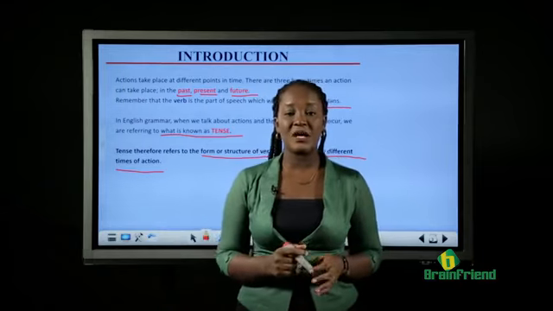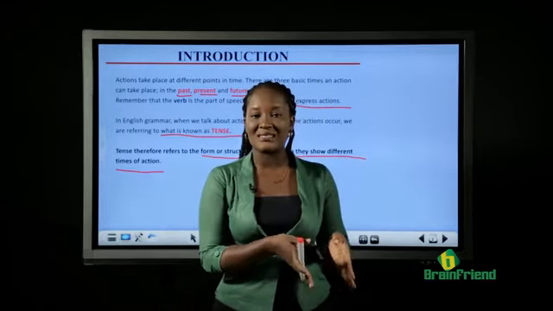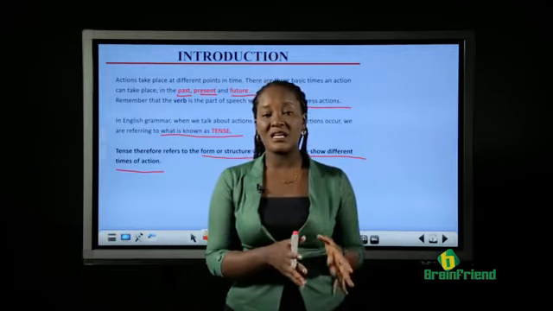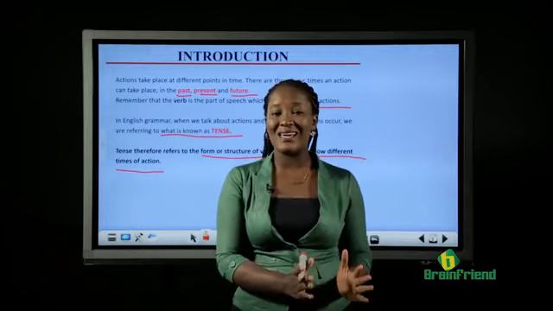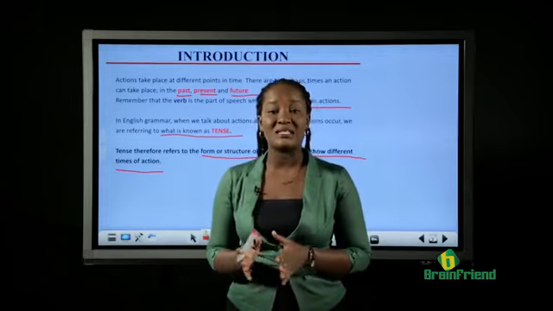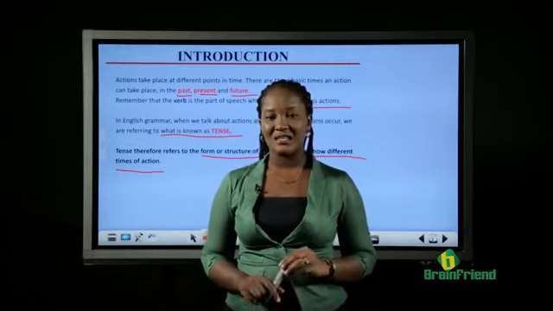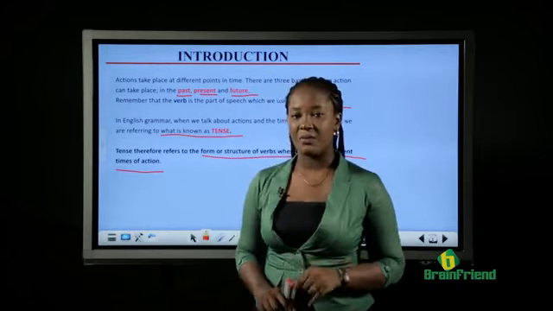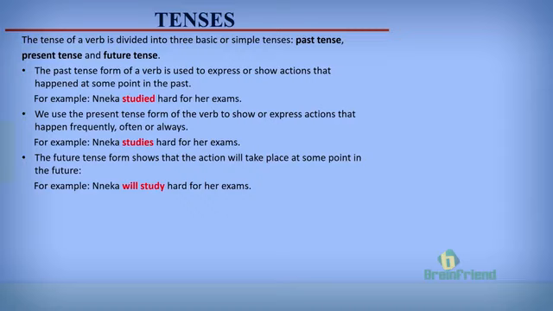Now, the form a verb takes when the action occurs at a particular point in time is known as the tense of that verb. The tense of a verb is divided into three basic or simple tenses. And these three tenses are known as the past tense, present tense, and the future tense.